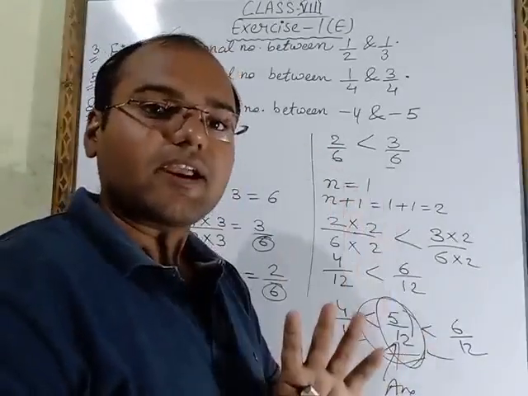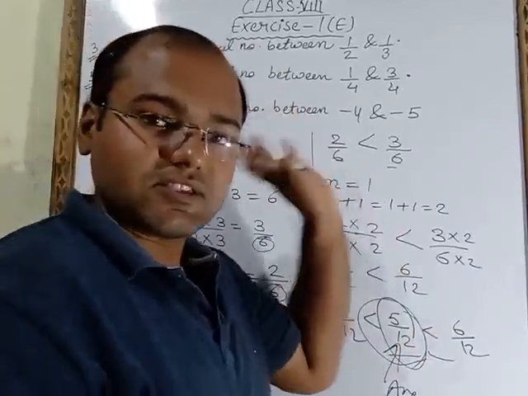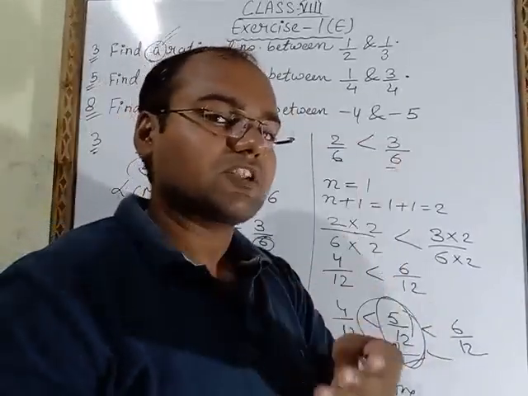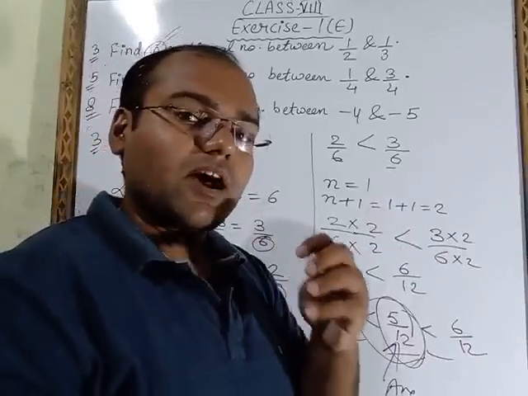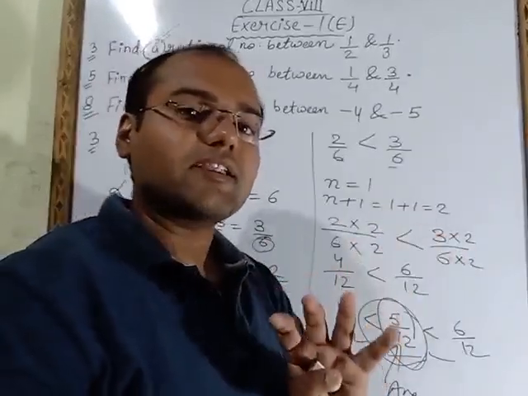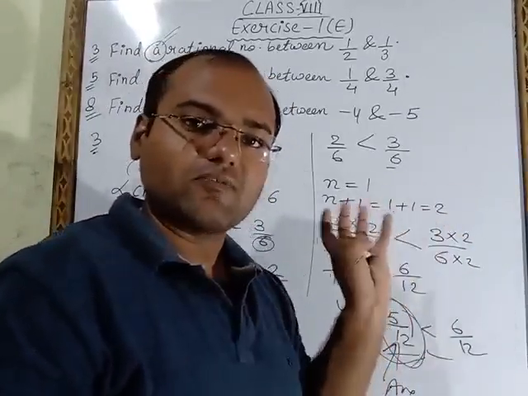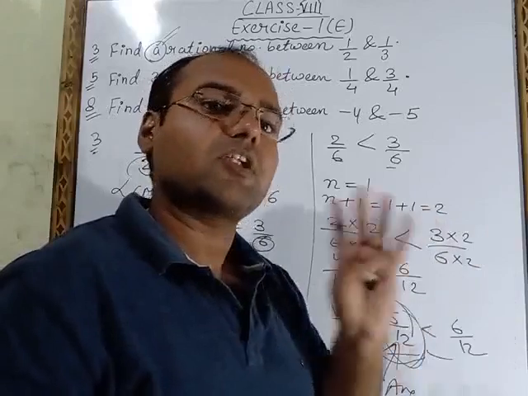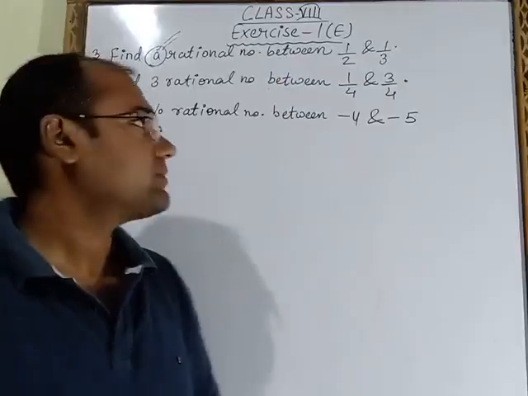There is no need to tally these answers with your answer sheet. If you check, at the end in your answer sheet it is written that the answers to these questions are infinite. So if your answer comes different and does not match your answer sheet, there is no need to worry, your answer is correct. Now see question number 5th.